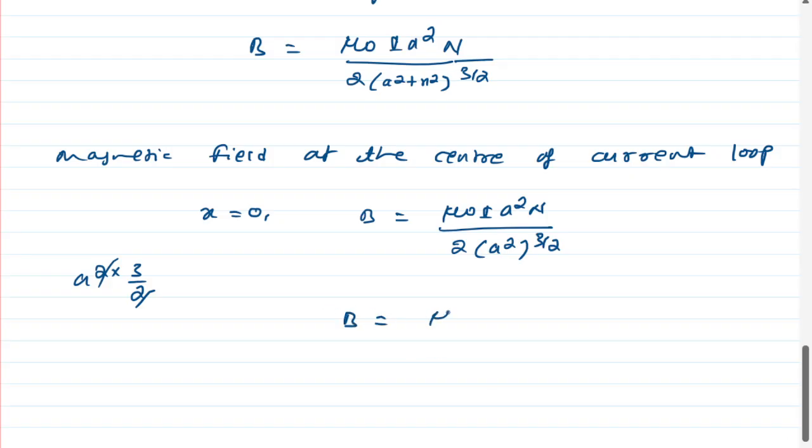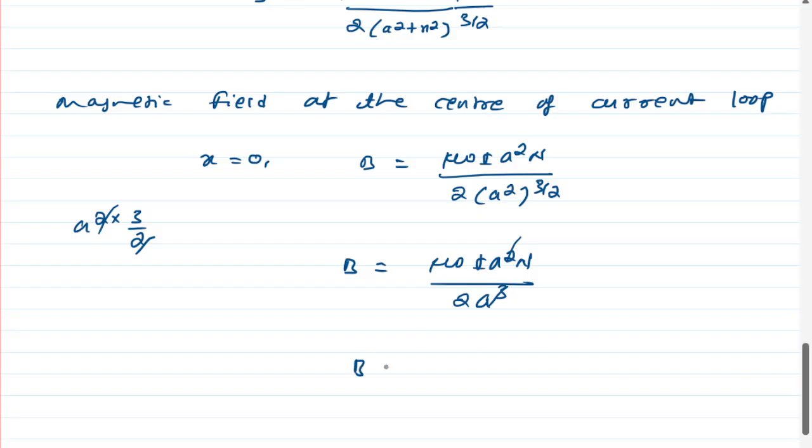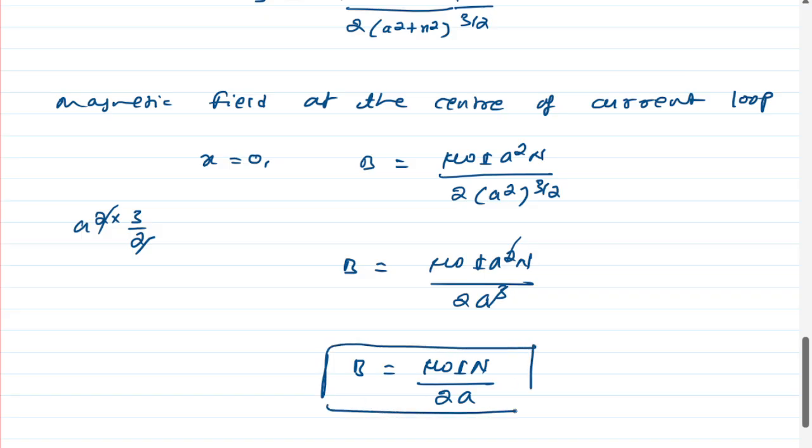So B is equal to mu naught I A square N upon 2 A cube. One A will remain in the denominator. So mu naught I N upon 2A for an n turn coil. This is the magnetic field. This result is very, very important.